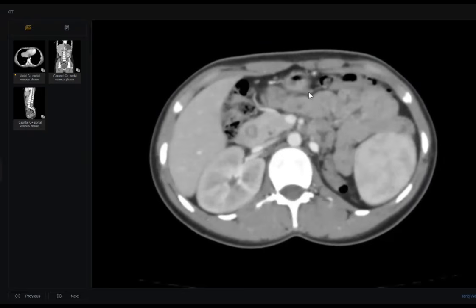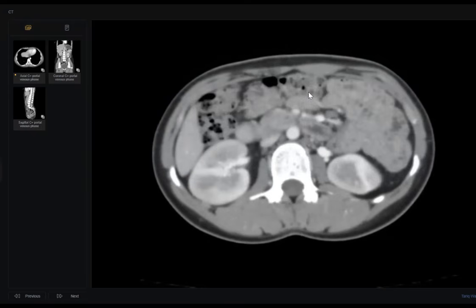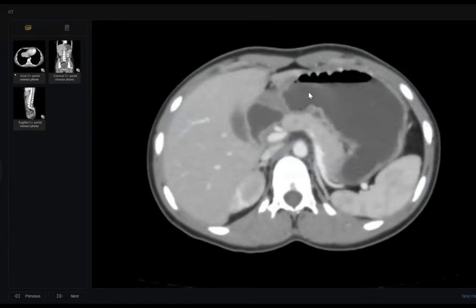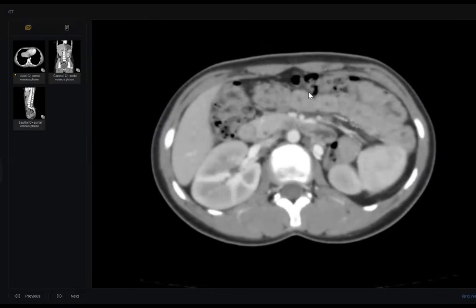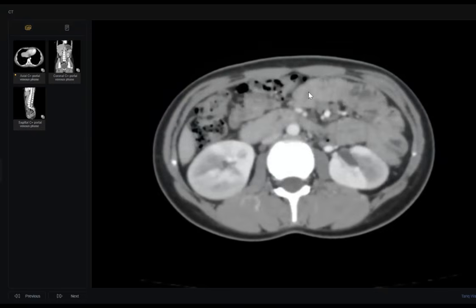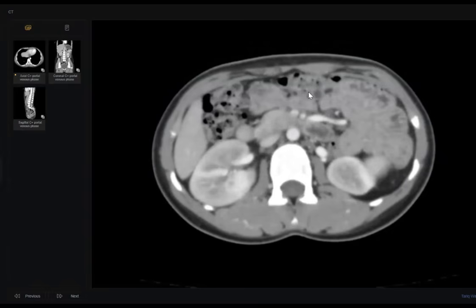Sir, I think there is dilatation of the stomach and the second part of the duodenum. I will check whether this intrapancreatic lesion is either duodenum or a true lesion. I will check the coronal images whether it is annular pancreas or a lesion within the head of the pancreas. No coronal sequences; these are the only available axial images.